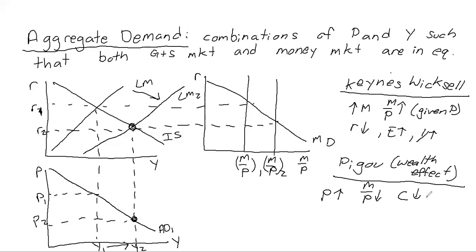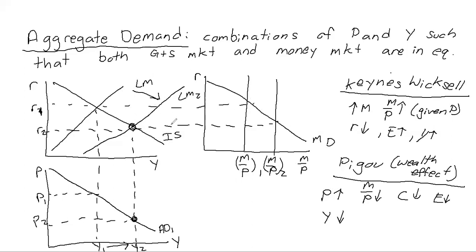Then we see a decrease in consumption, which will lead to a decrease in expenditure and a decrease in output. So here, both options, we see a shift in the LM curve and a movement along the IS curve. We're just starting from either going to the right or going to the left. Here we go to the right, we shift the money supply to the right, and here we shift the money supply to the left.